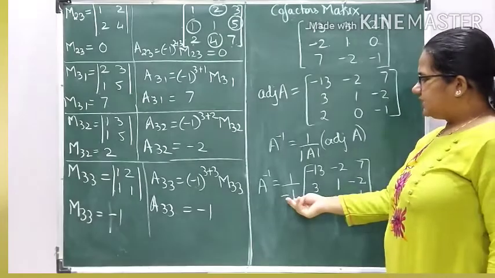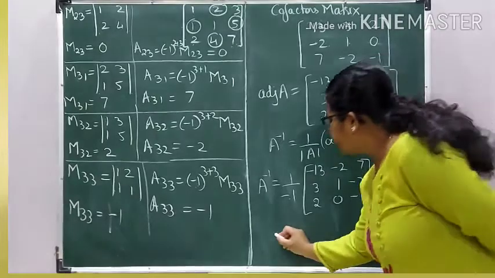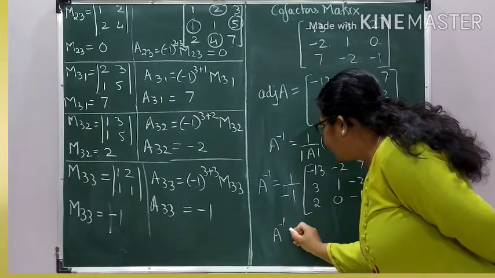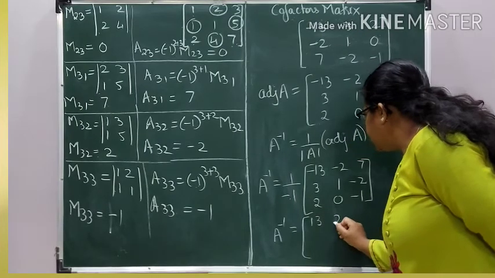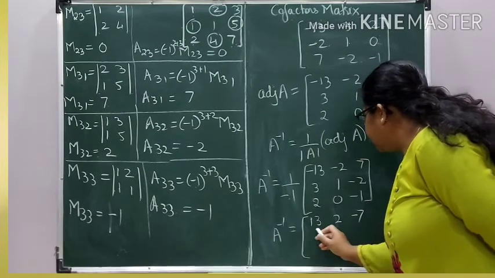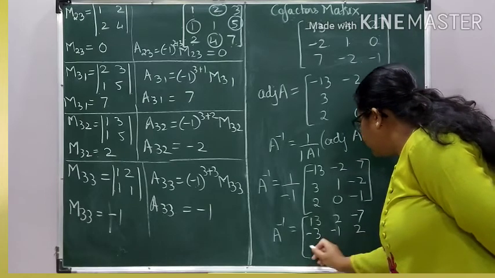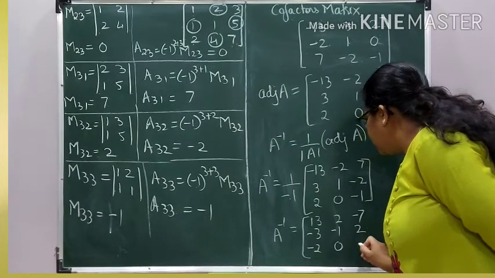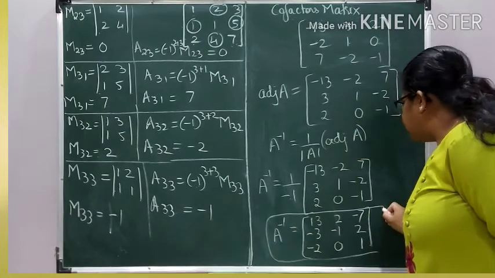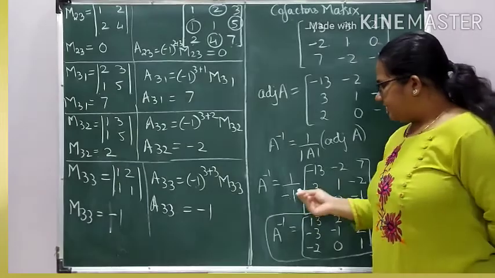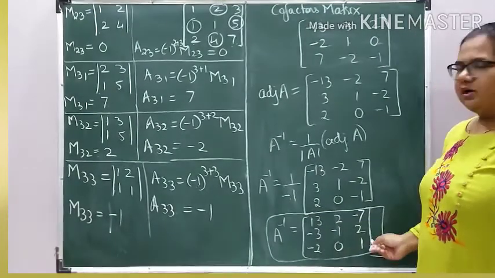The minus sign outside you can multiply into all the elements inside. So finally A inverse is: this will become 13, this will become 2, this will become minus 7, minus 3, minus 1, this will become 2, minus 2, 0 and 1. So this will be your final answer.